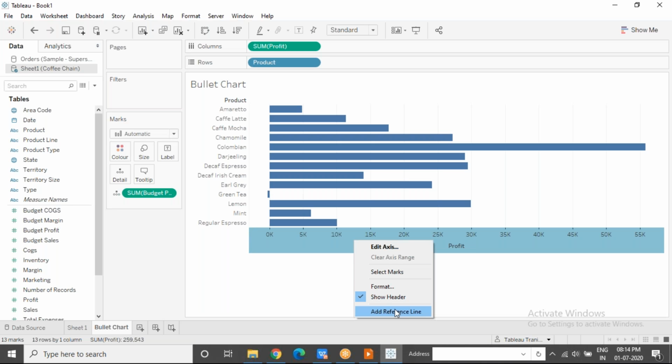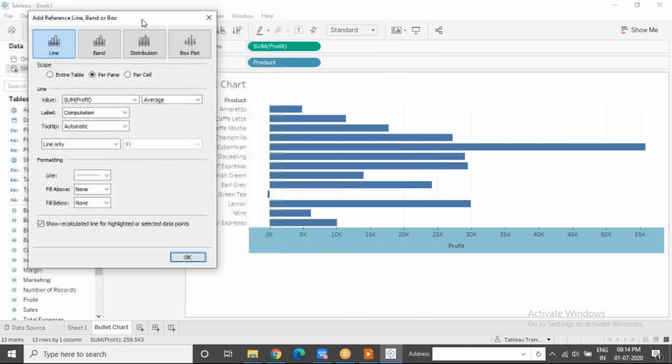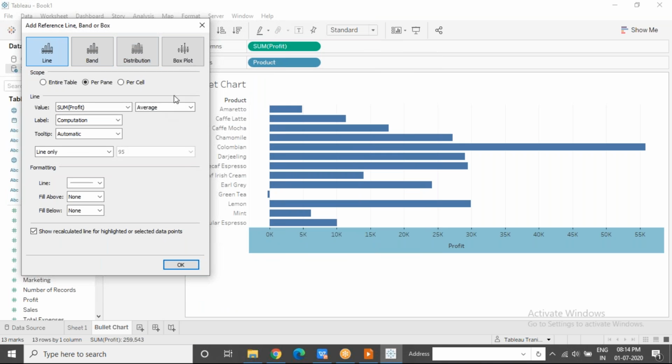Right click on the axis and choose to add reference line. When you add reference line, the reference line is supposed to represent what information? The target given for each product, the target profit that each product is expected to achieve. Correct? So what should be the scope of the line?